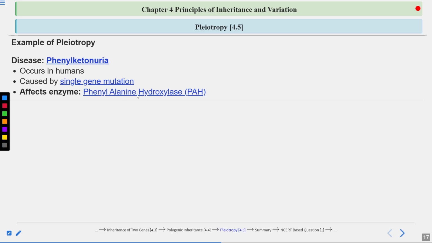Either this enzyme is not produced, or it is non-functional even if it is produced. This enzyme is produced by a certain gene, and there is a mutation in this gene.